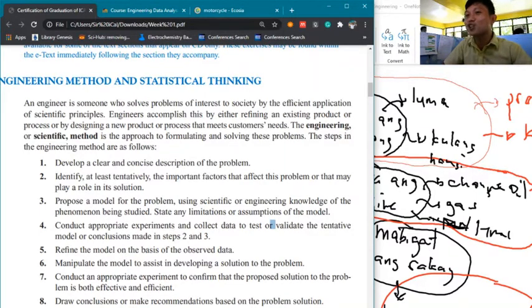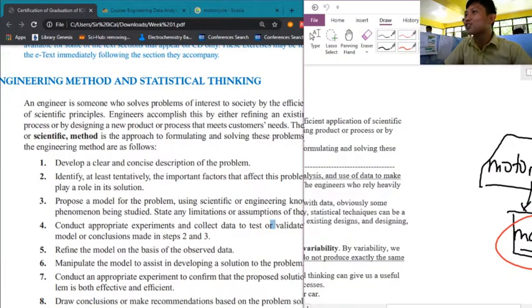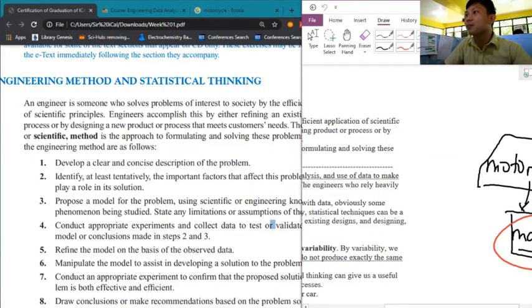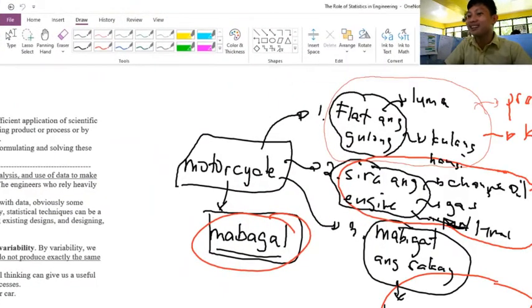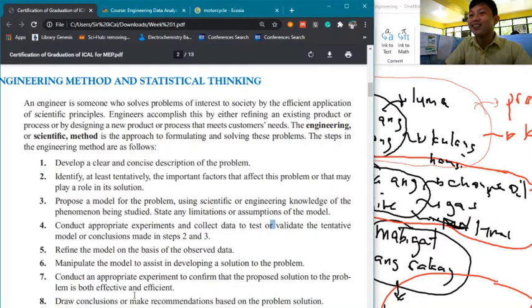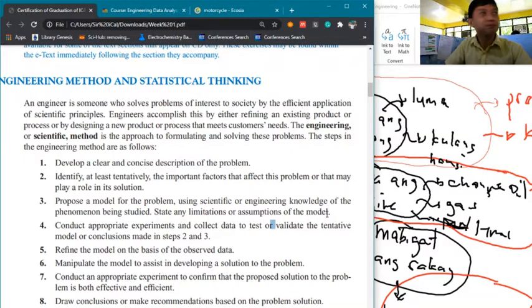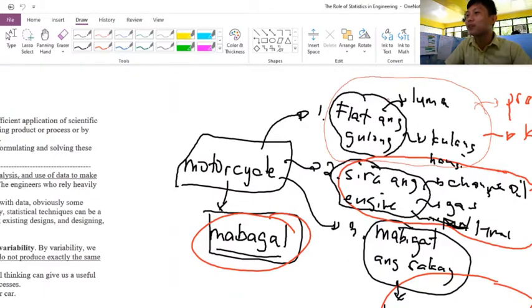Actually, arrange na rin naman ito. Okay, so number 6 is manipulate the model to assist in developing solution to the problem. So medyo complex na to kasi masyadong malaki yung problem natin. Wala tayong nakukuhang data kasi dito. So, hindi pa tayo makakapag-draw ng conclusion.